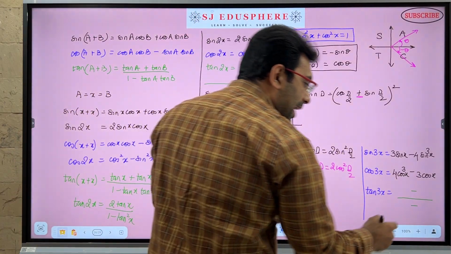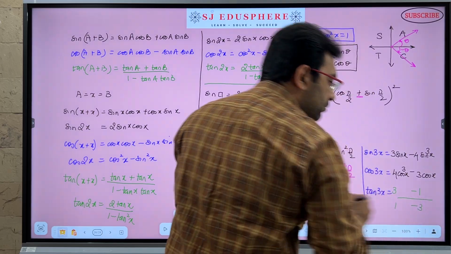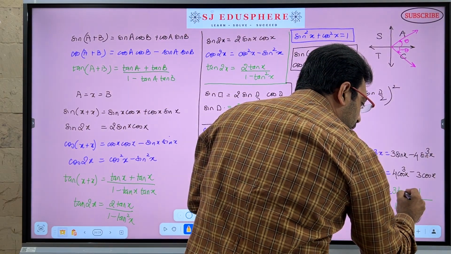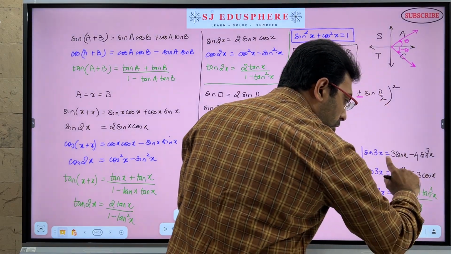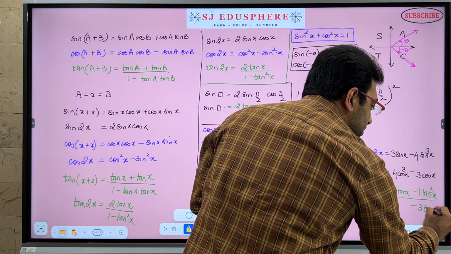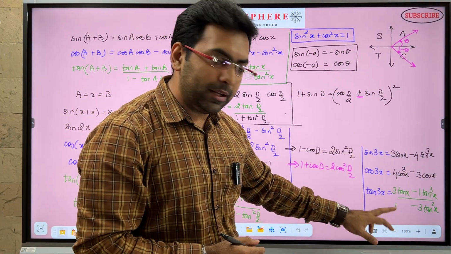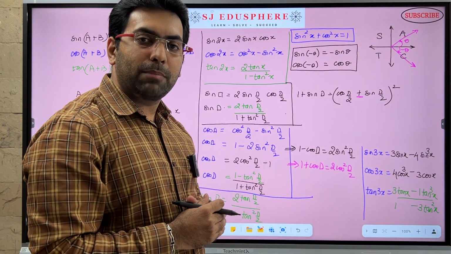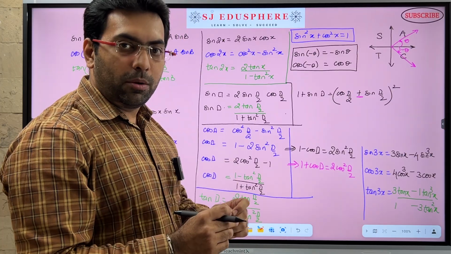And so I say tan is 31 upon 13. 31 upon 13, 3 ka power 1, 1 ka power 3, 1 power less. I repeat, 31 upon 13, 3 ka power 1, 1 ka power 3 and 1 power less. This summarizes my Trigo formula sheet.